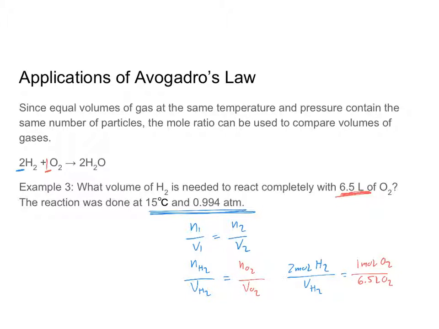Now we're going to do some cross multiplying, and when all is said and done, we will determine that the volume of H2 in this case is 2 times 6.5 divided by 1, which is 13 liters of H2. So that's not too bad, and we don't use this formula very often, but you should be aware.